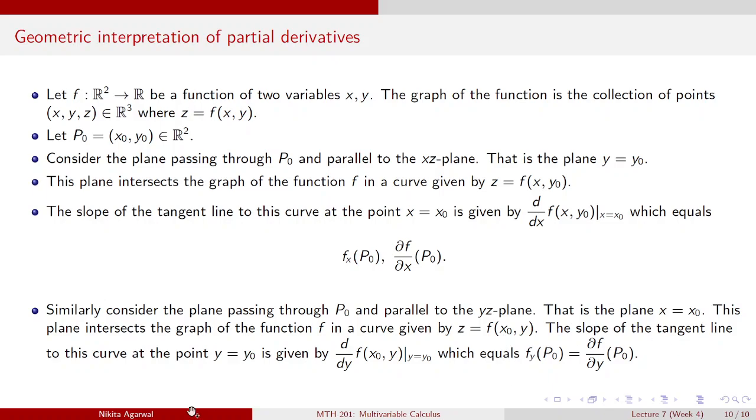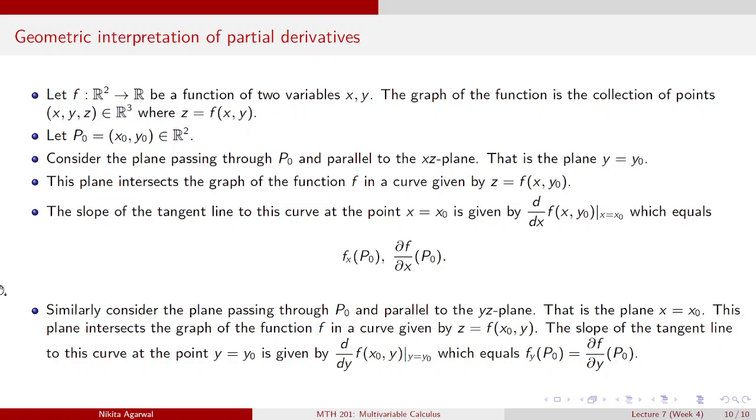The slope of the tangent line to this curve at the point y equal to y naught is given by this derivative. Because we are differentiating with respect to y, on the slide where we defined the partial derivative with respect to y, we noted that this is nothing but the partial derivative of f with respect to y at the point P naught.